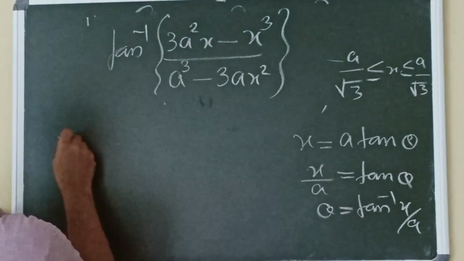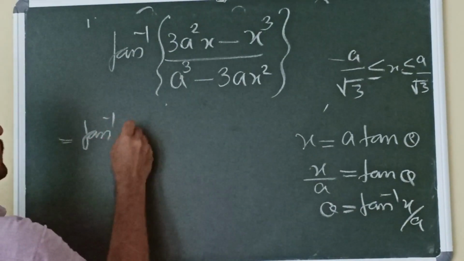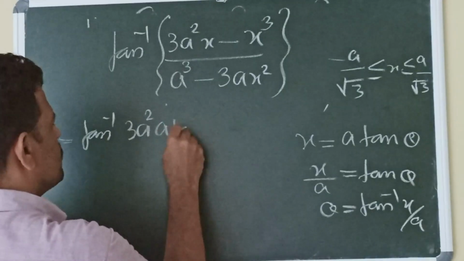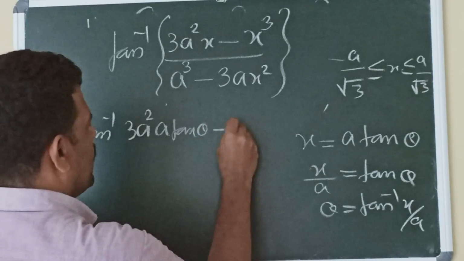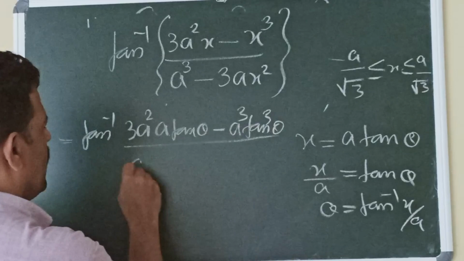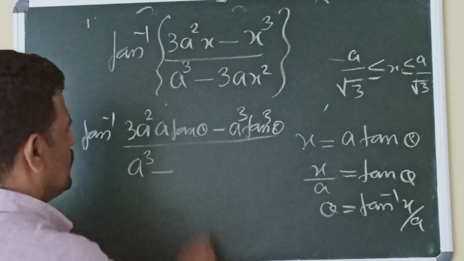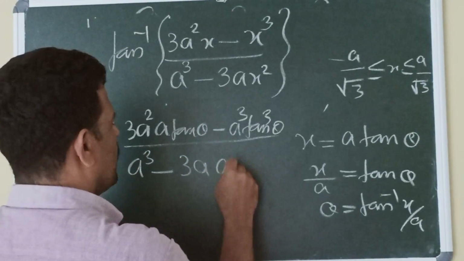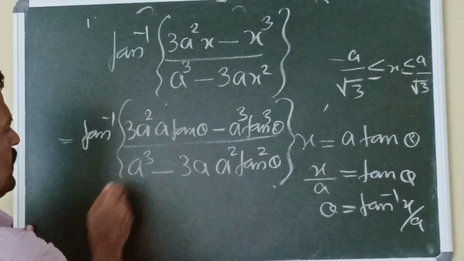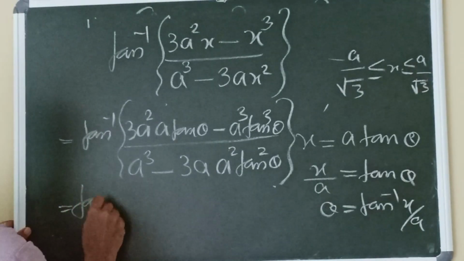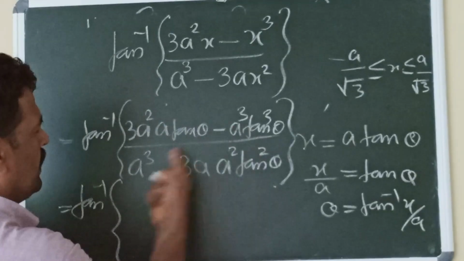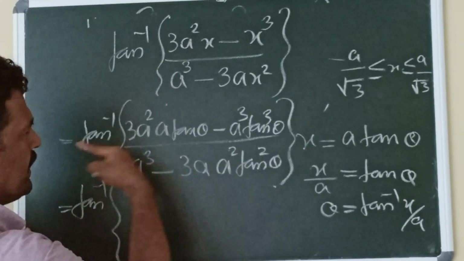Hence this expression becomes tan inverse 3a square into a tan theta minus a cube tan cube theta divided by a cube minus 3a into a square tan square theta. That is tan inverse. Here there is a cube, a cube cancel.